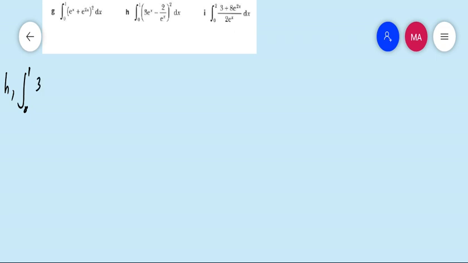Integrate 0 to 1, (3eˣ minus 2 upon eˣ) whole square dx.